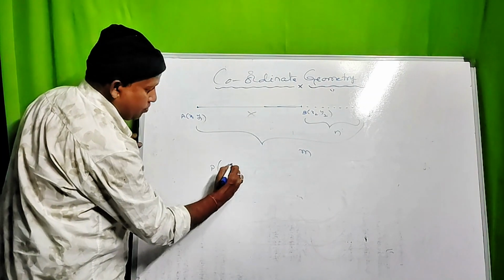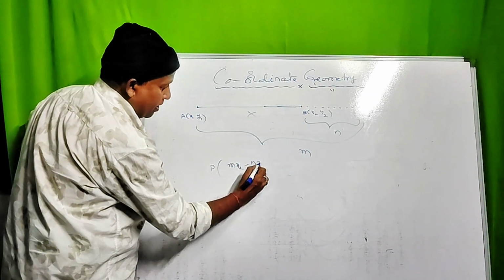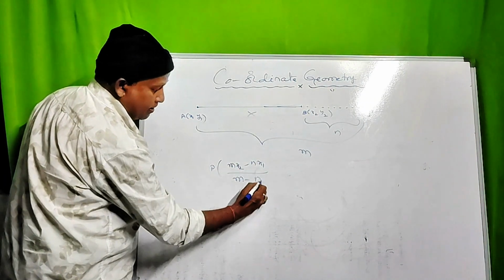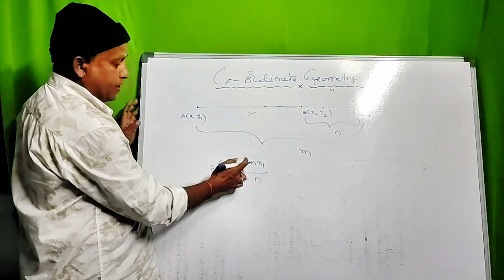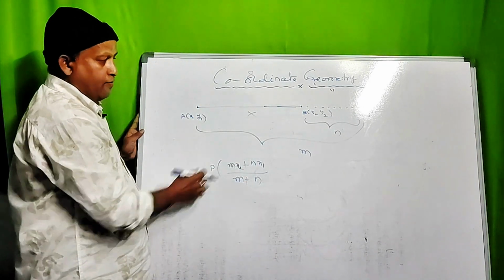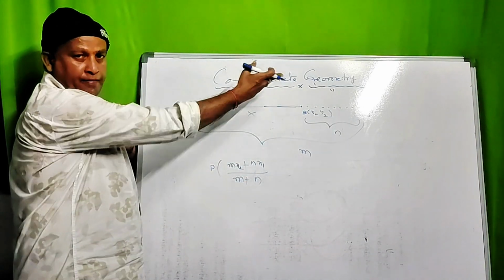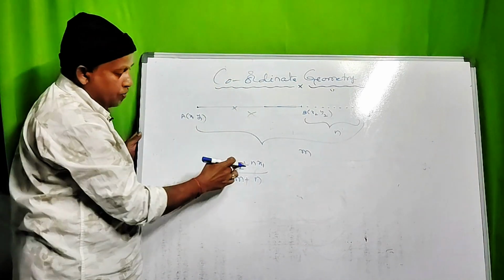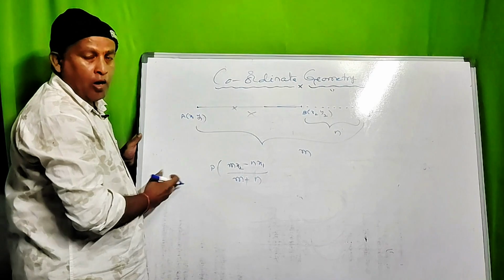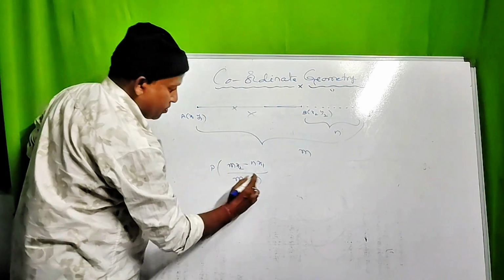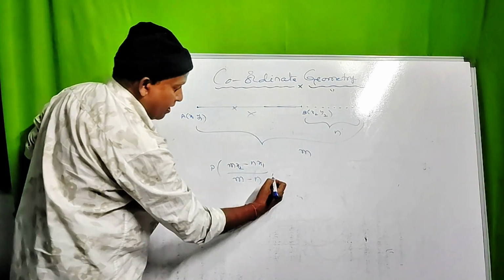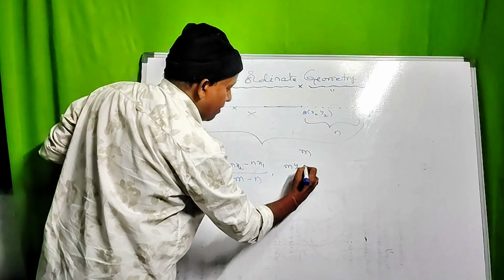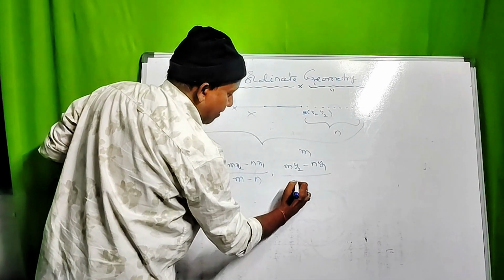P equals (m x2 minus n x1) by (m minus n). Previously we applied plus, when P lies between AB. Now P lies outside, so we have to use minus. Outside means externally, right? So that's m minus n. Similarly, (m y2 minus n y1) by (m minus n).